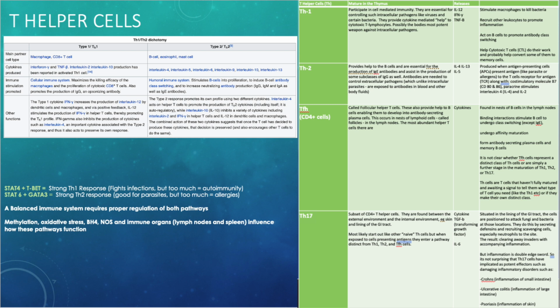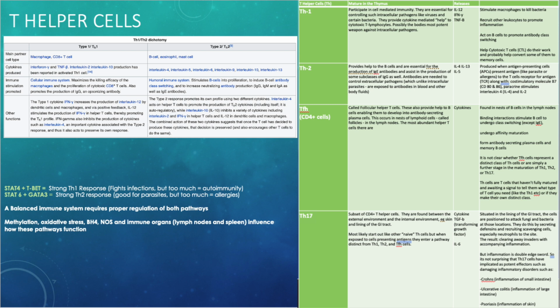In turn, this stimulates macrophages to kill bacteria, recruits other leukocytes to promote inflammation, and acts on B cells to promote antibody class switching. They help cytotoxic T cells do their work and probably help convert some of them to memory cells.